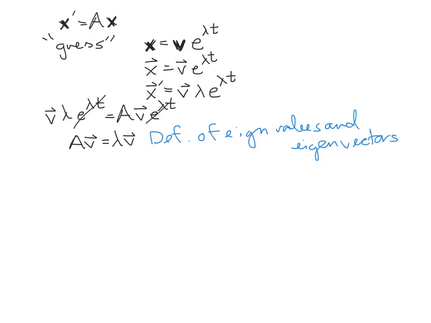So pretty cool. Really what this tells us is that if we can find the eigenvalues and the eigenvectors, then we can take a vector, multiply it by e to an eigenvalue, and that's going to give us a solution to our differential equation. Now, if we have, say, a 2 by 2 system, so two equations, two dependent variables, then what we have is two eigenvalues.